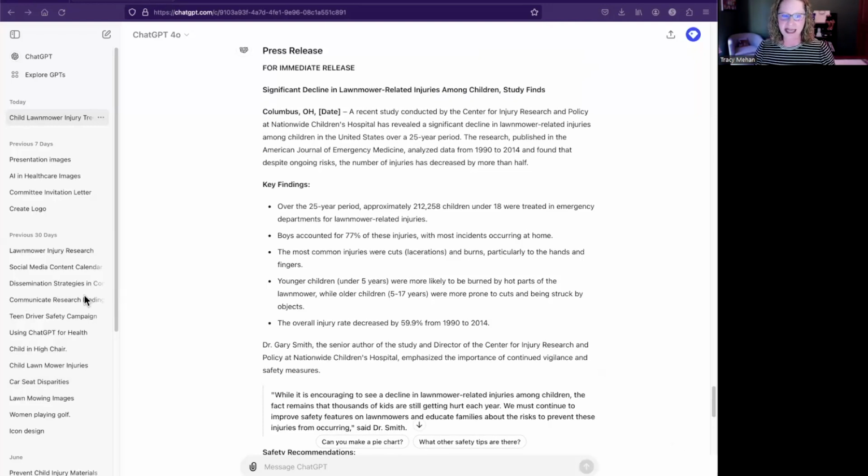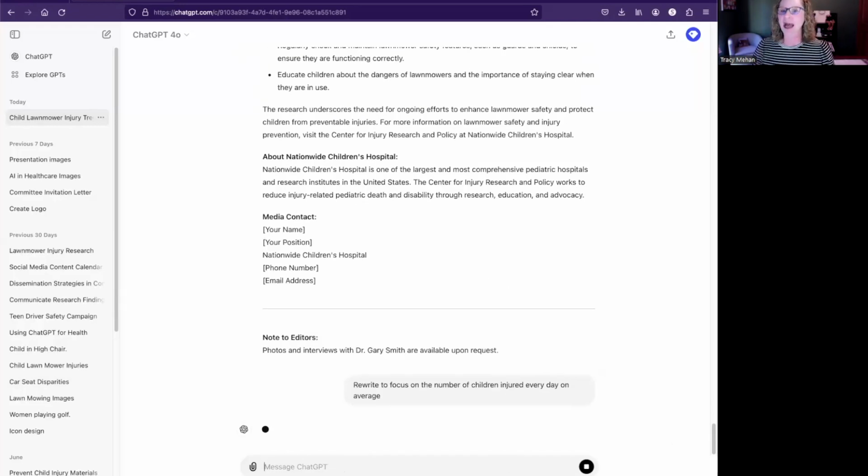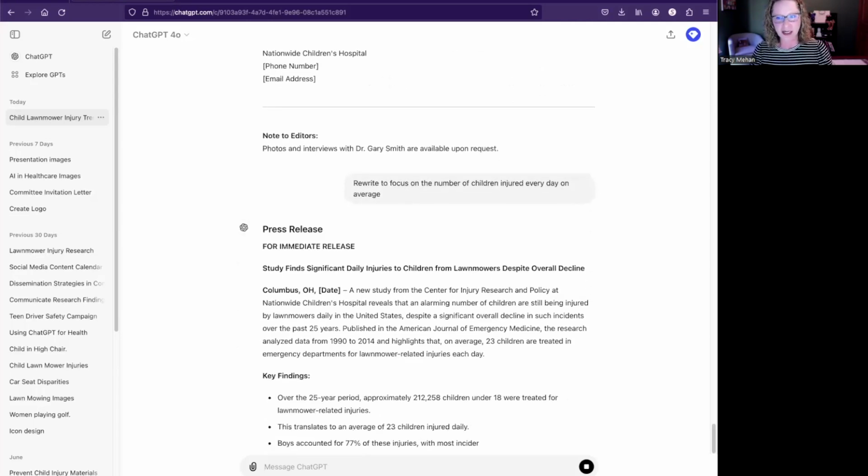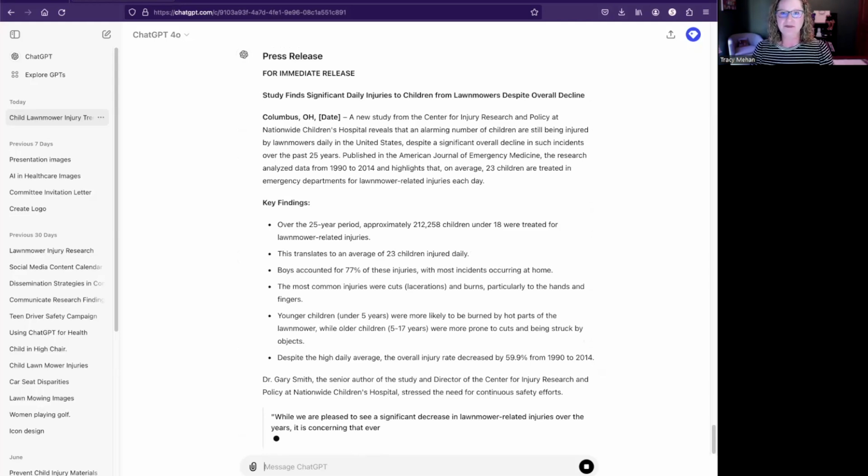So we instead like to focus on the fact that the injuries, even if they are going down, are still happening, and here's what you can do about it. So I asked it to rewrite to focus on the number of children that are injured every day on average. And so it does a little bit of a better job of that.